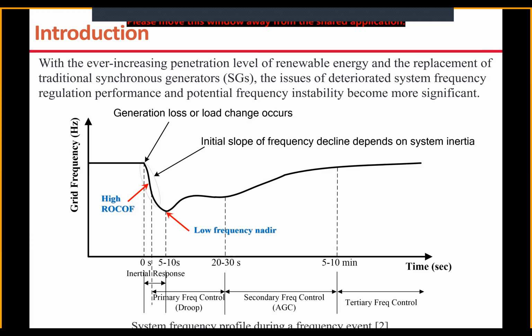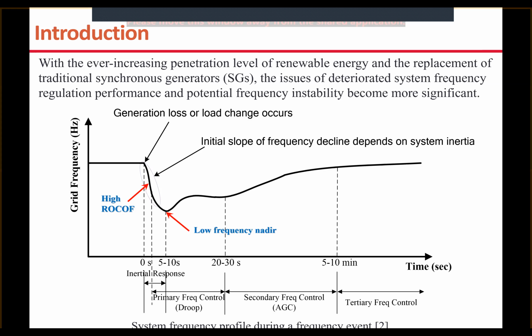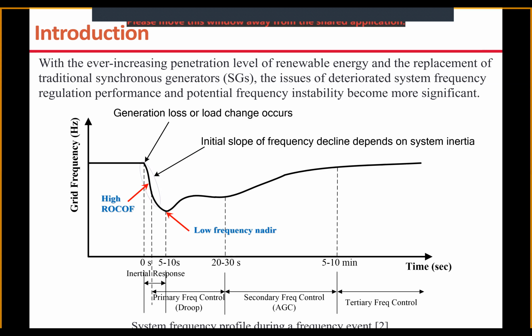But with a high rate of change of frequency, okay? If we have a lot of renewable energy, because we have lost system inertia, this can be very steep. This frequency drop can be very steep if we have a lot of renewable energy in the system.